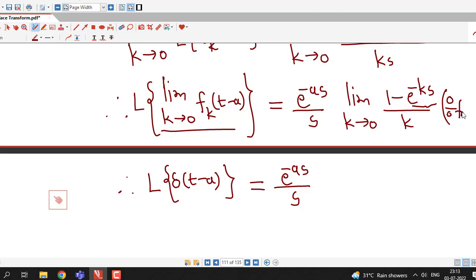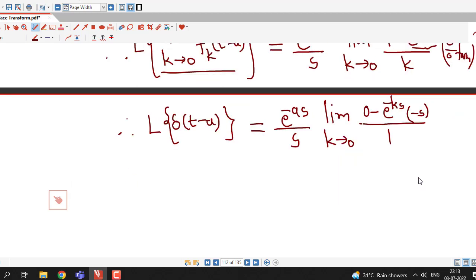So this is a 0 by 0 form, so we can apply L'Hospital rule. We differentiate numerator and denominator with respect to k. The derivative of k is 1. Here the derivative is 0 minus e raised to minus ks into the derivative of minus ks with respect to k, which is minus s.